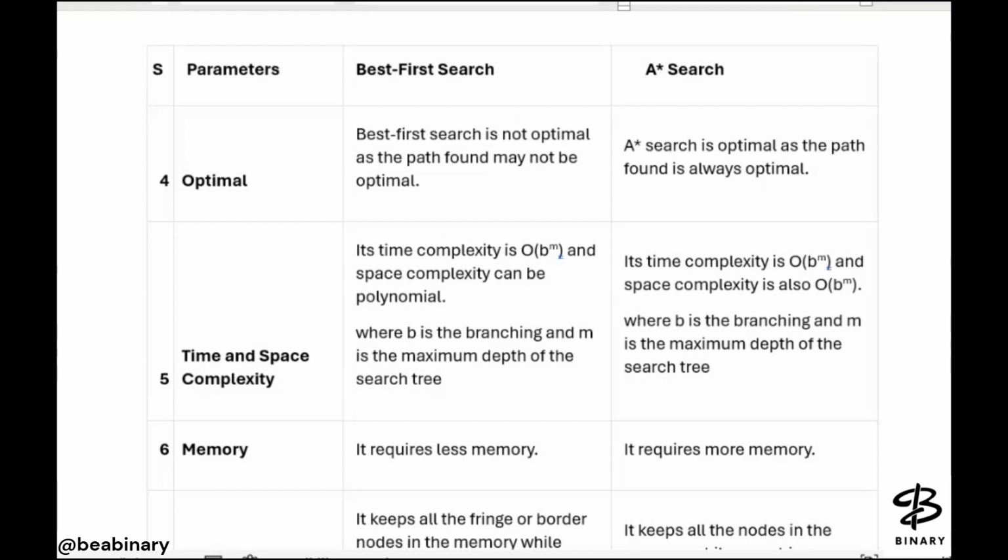For A asterisk, the time complexity is also b to the power m, and the space complexity is b to the power m, where b stands for the branching factor and m stands for the maximum depth of the search tree. So in terms of time complexity, both have the same kind of time complexity, but there is a difference in space complexity.